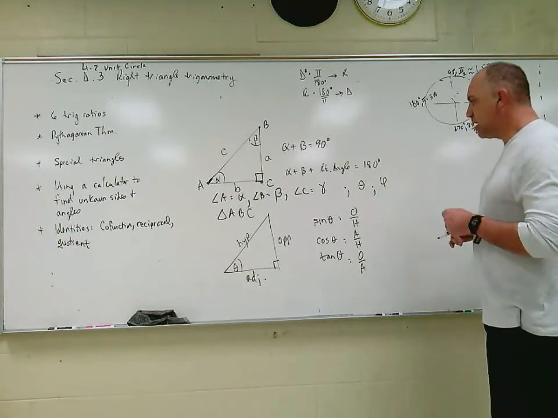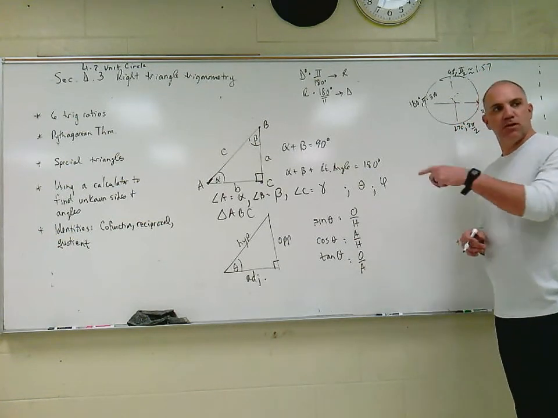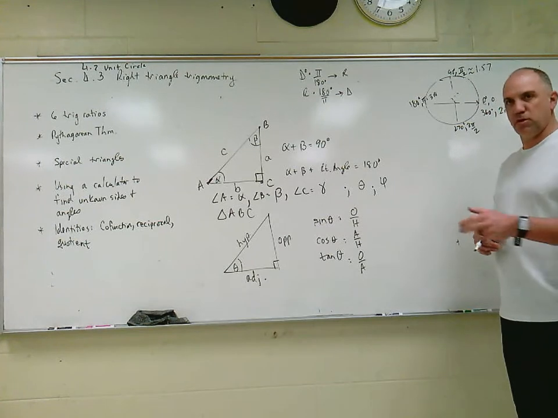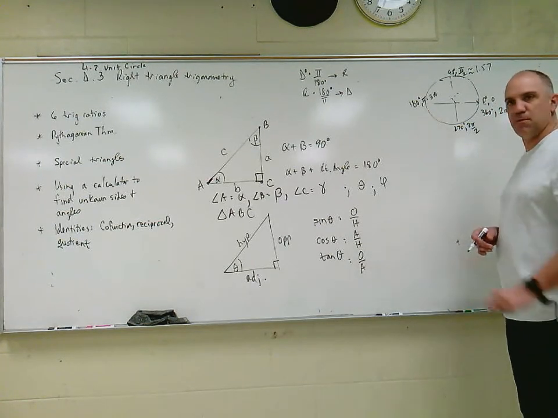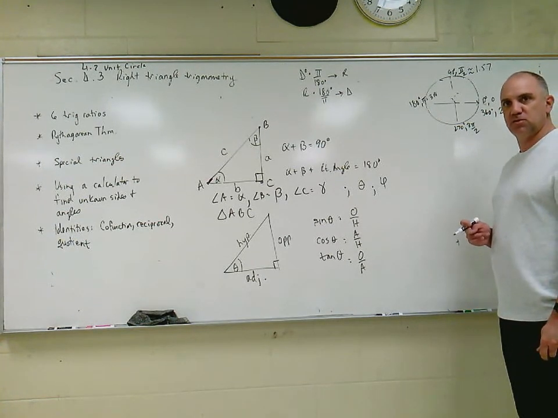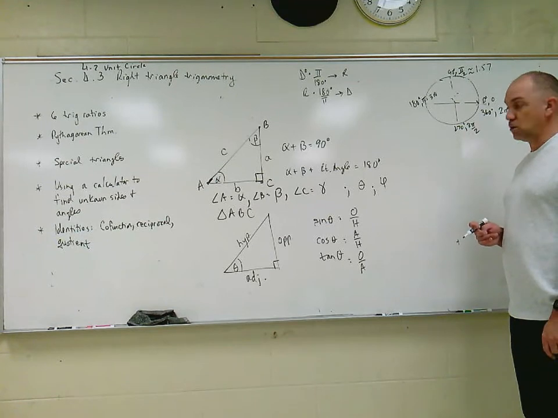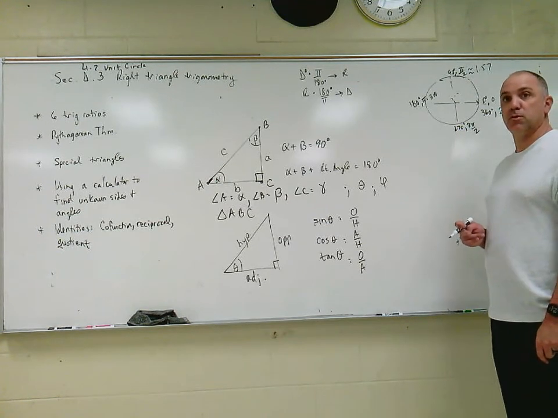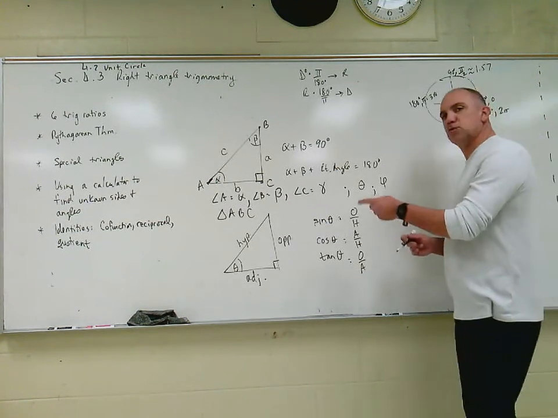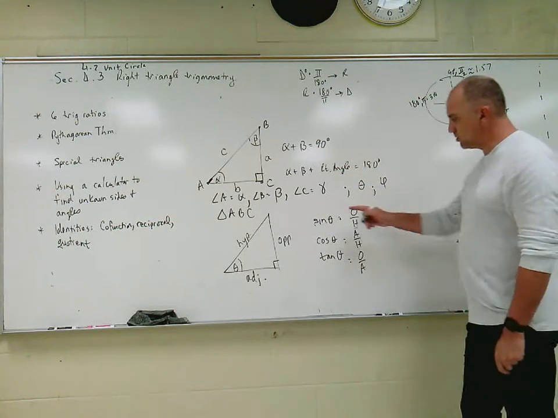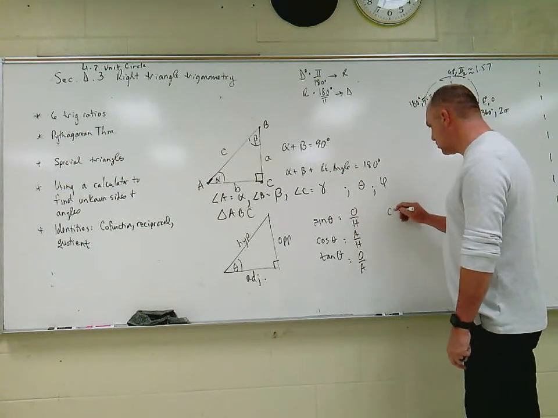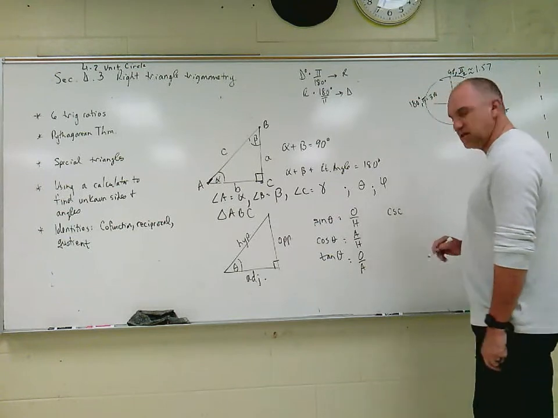All right. Now, typically, these are the only trig ratios. When I ask students the trig ratios, this is what they give me. Notice there's how many trig ratios? 6. So what are the other 3? There's still 3 other trig ratios. So it's better to know them in terms of their reciprocals. The reciprocal of sine is called cosecant. We write it like this, CSC.